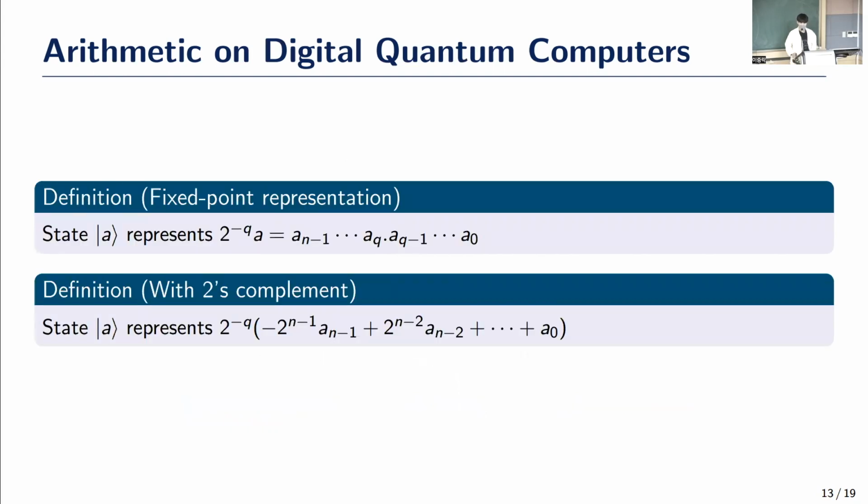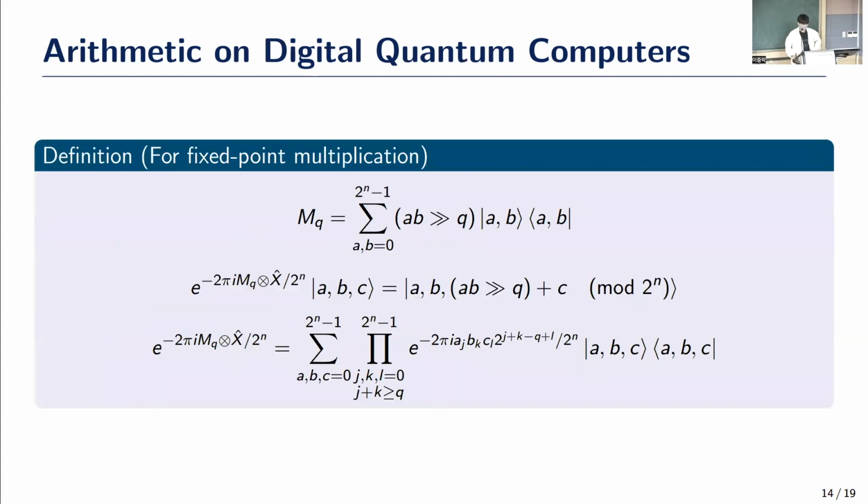To use a numerical analysis method, we need a fixed point representation. So let's represent A as 2 to the minus q times A, and to represent negative values, let's use 2's complement. For fixed point values, we have to divide by 2 to the q after multiplication.